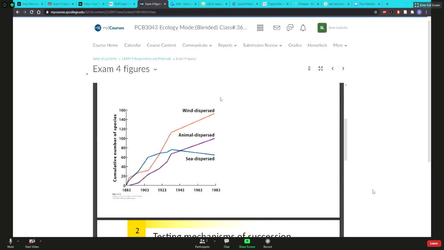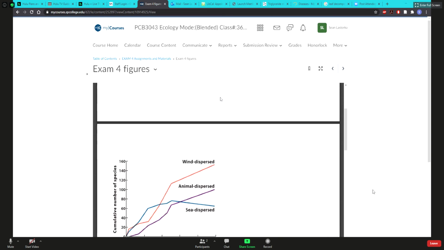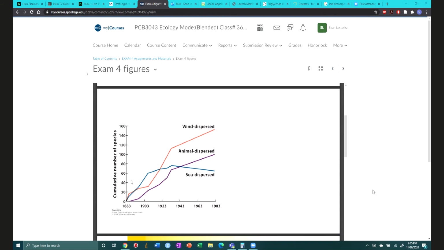Just talk about how seeds over time have adapted to wind dispersal. Yeah, and that seed dispersal has actually gone down, so they're not as buoyant as they used to be.